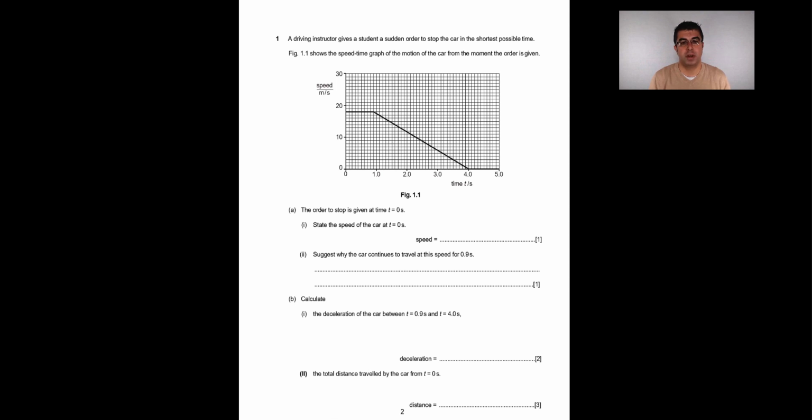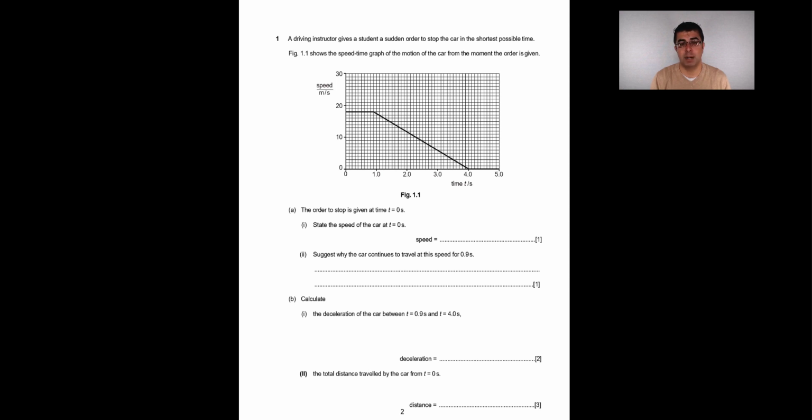Question number 1. A driving instructor gives a student a sudden order to stop the car in the shortest possible time. Figure 1.1 shows the speed time graph of the motion of the car from the moment that the order is given. The order to stop is given at time t equals 0.